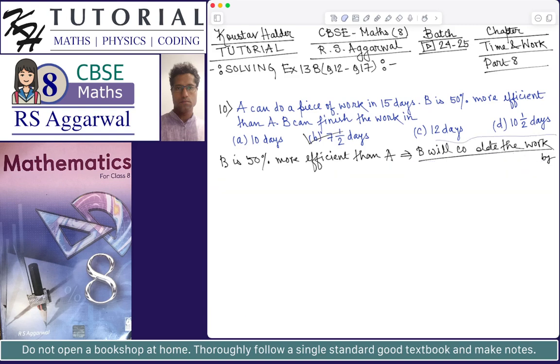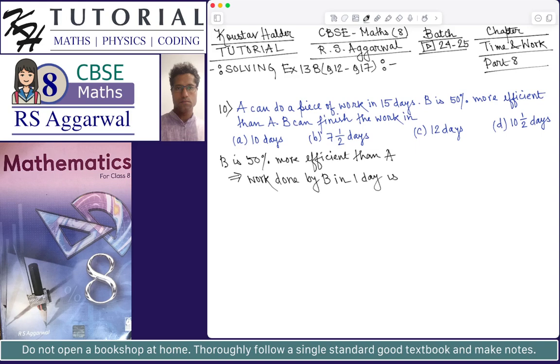Now, the fact that B is 50% more efficient than A, I will interpret this as: work done by B in one day is 50% more than work done by A in one day.